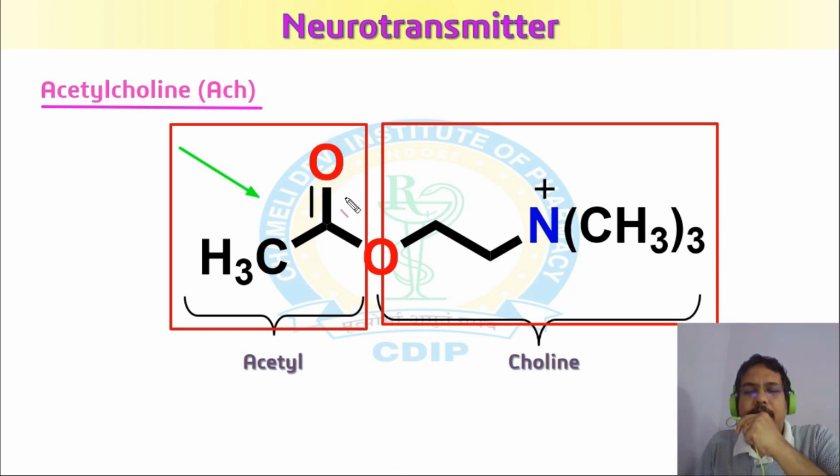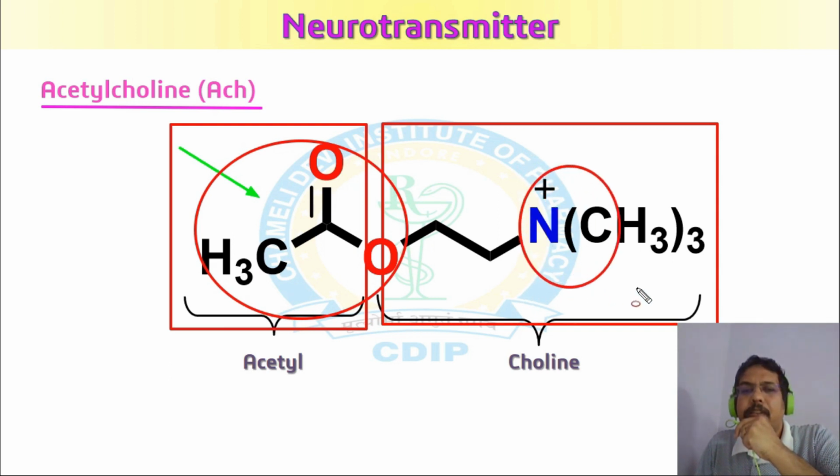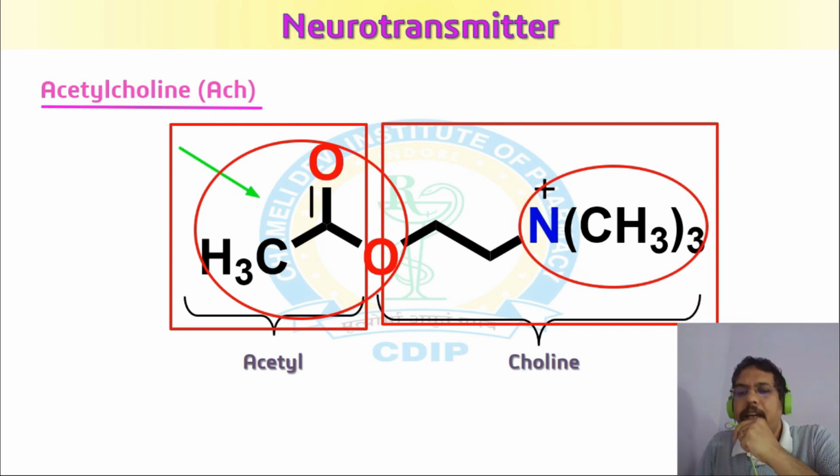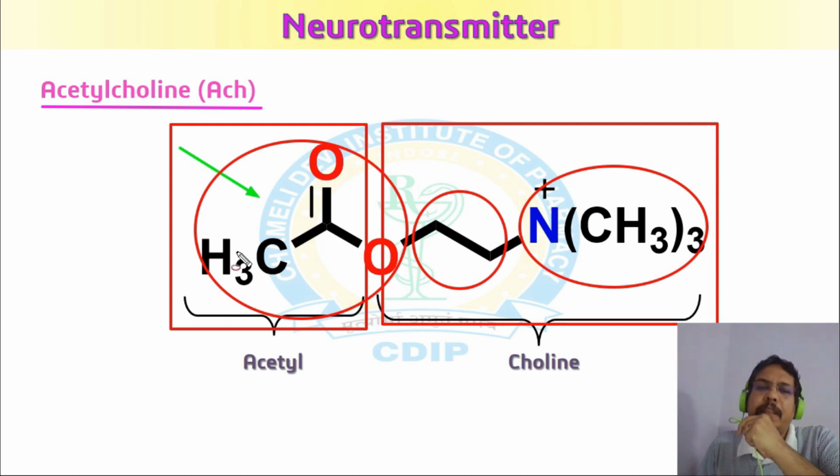The first segment is called the ester segment. The other is called the quaternary amine segment, and the third part is called the linker, which is present between the ester moiety and the quaternary amine moiety.